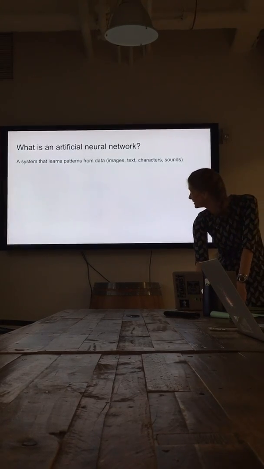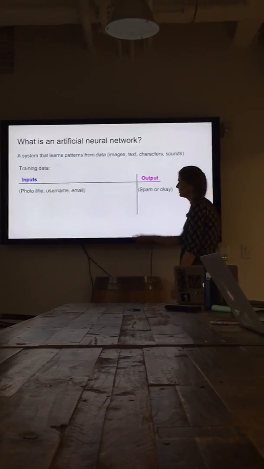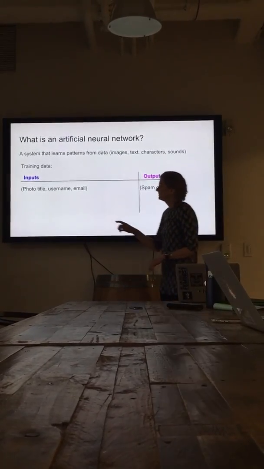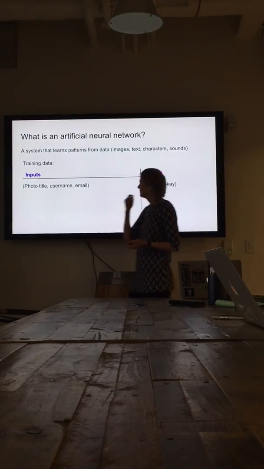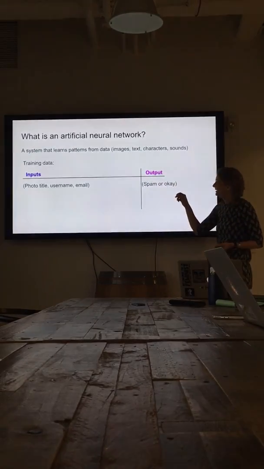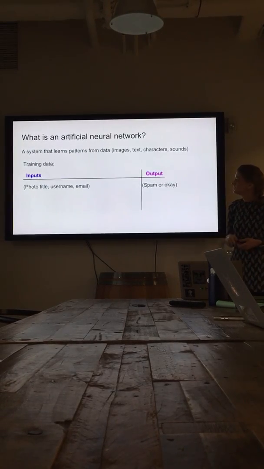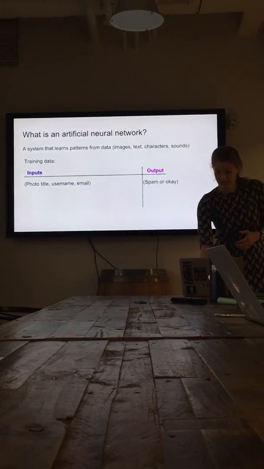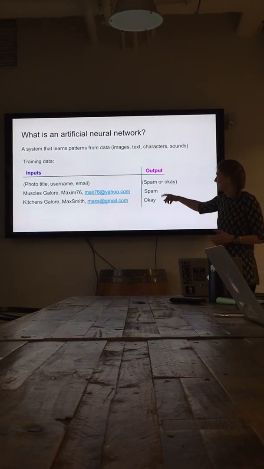For example, some inputs that we are using for our spam classifier would be things like, for a photo on House, the title, the username, and an email, and then the output would be spam or okay. We're going to feed in thousands of examples like this that are labeled with whether they are spam or not.